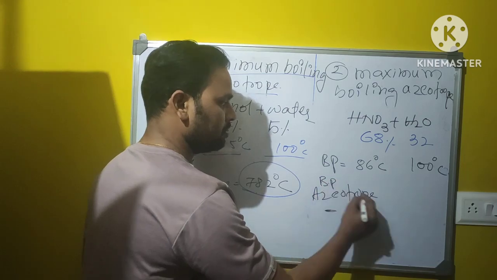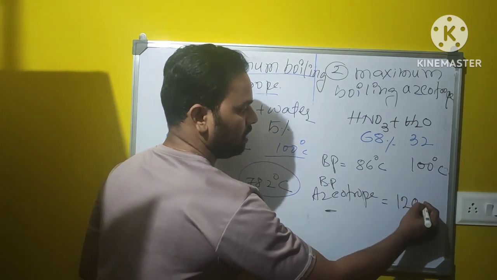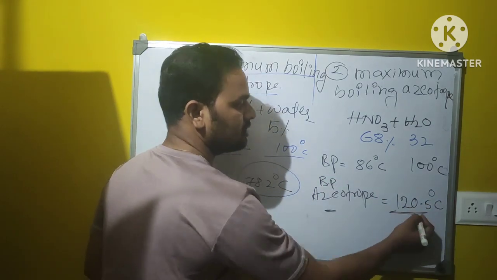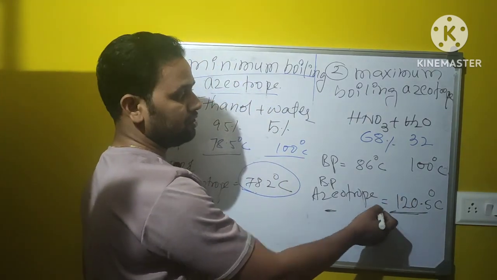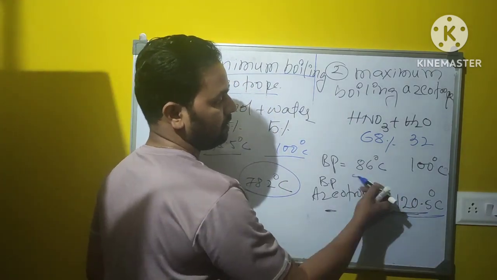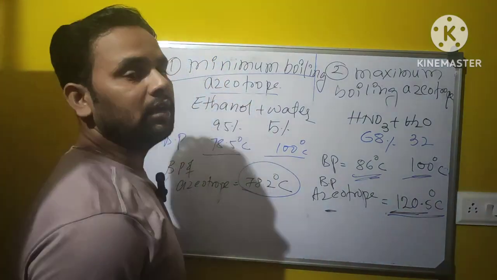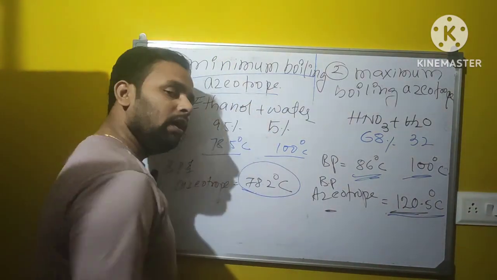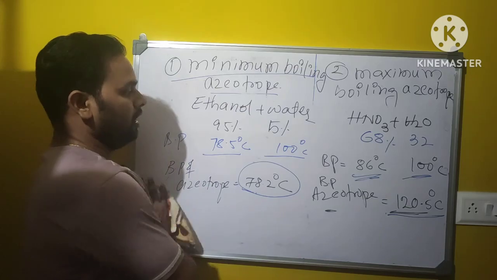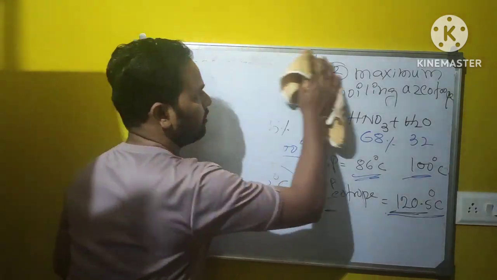Boiling point of the azeotrope is 120.5 degrees Celsius. See here, boiling point of azeotrope 120.5 is greater than individual liquids. I hope you understood this explanation of azeotropic mixture.